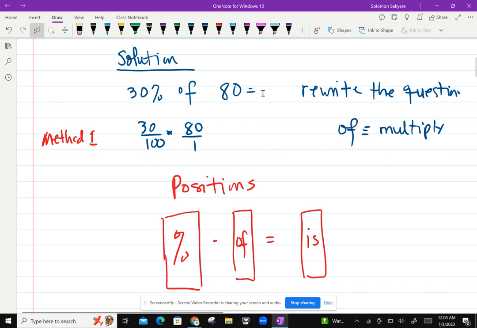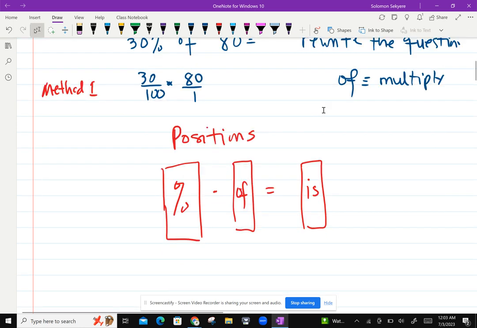Here I'm also teaching you how to organize your work. So always rewrite the question. For the first method, we have 30%. 30% means over 100. So 30 over 100, and of means multiply. So 30 over 100 of 80, and 80 is 80 over 1.